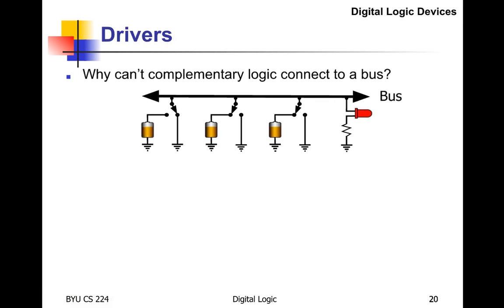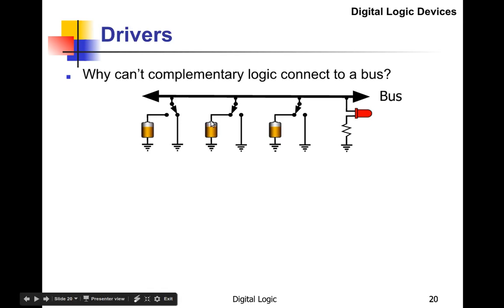So, what would happen if we took two complementary logic outputs, CMOS outputs, and we hooked them to a bus? A bus is a bunch of connections here, all going to the same wire. So this CMOS output says, I want the bus to be low.